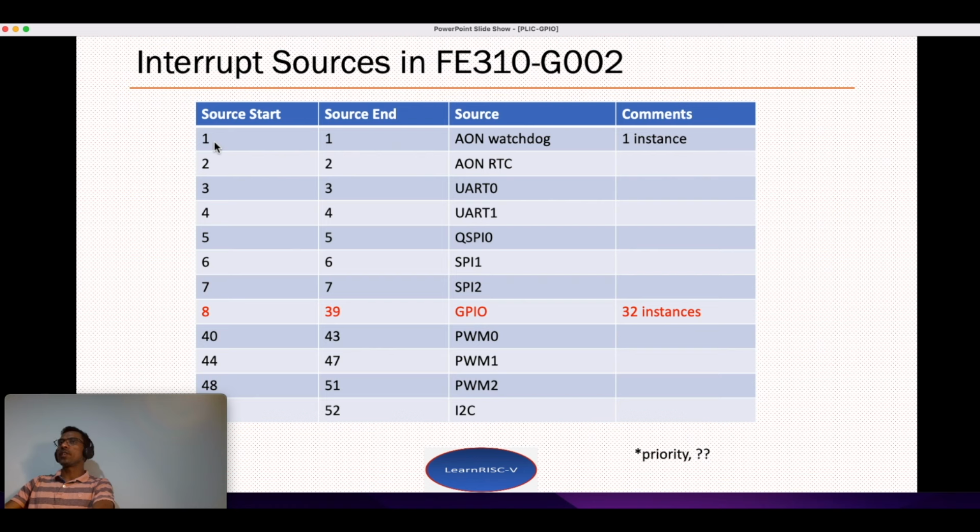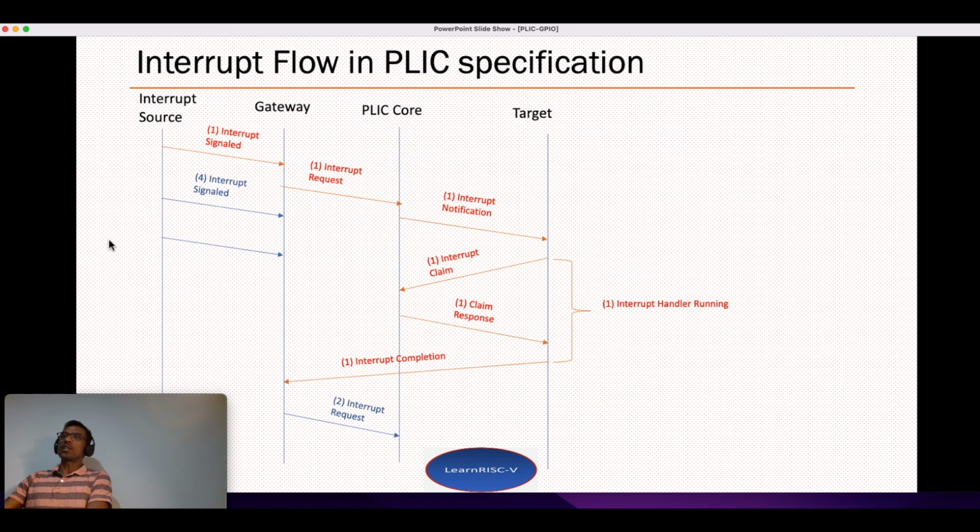Watchdog has been given the source number 1. And GPIO, there are 32 GPIOs, so sources 8 to 39 are given to the GPIO. Okay.